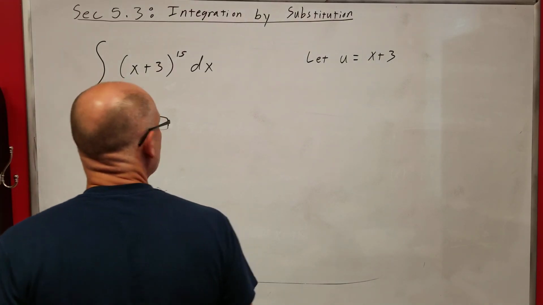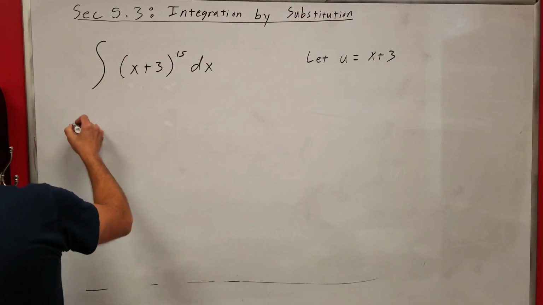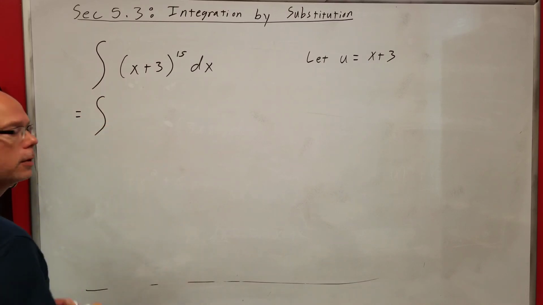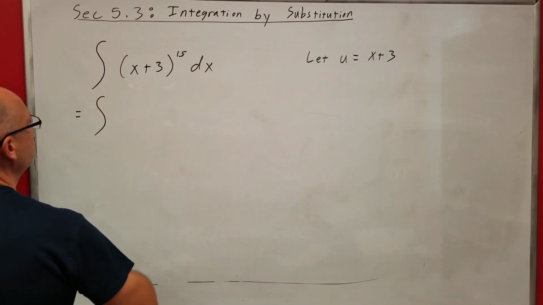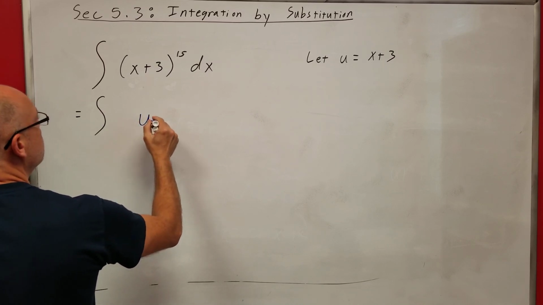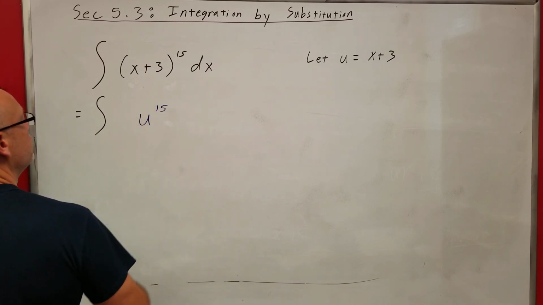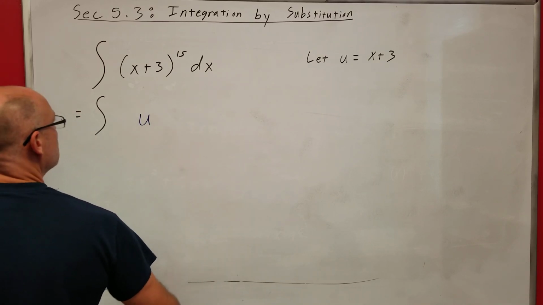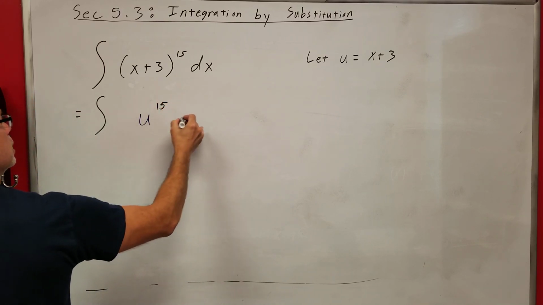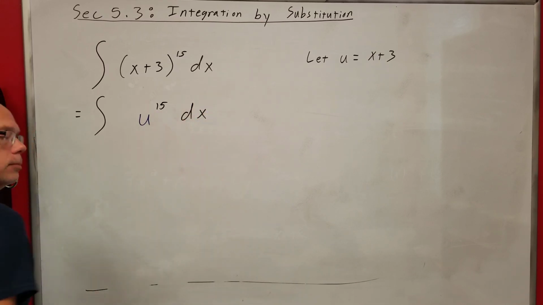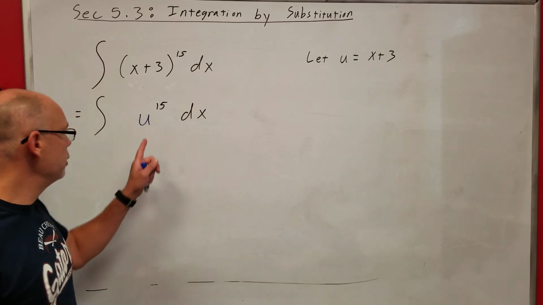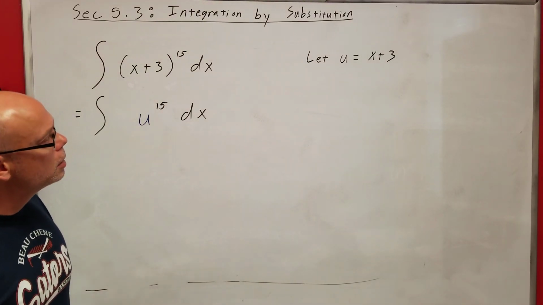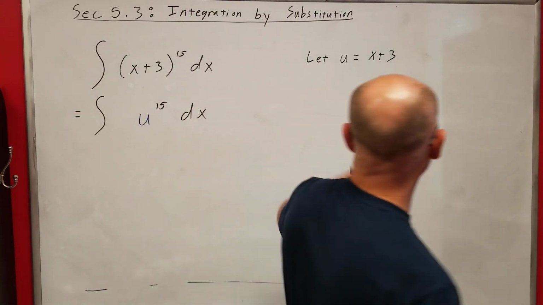So then let's see what we have. This is going to give us the integral of, instead of x + 3, I'm going to put u to the 15th, dx, okay? Now I have a big problem. I have u and x's here, right? I don't want that. So I'll go back here, okay? I picked u to be this.